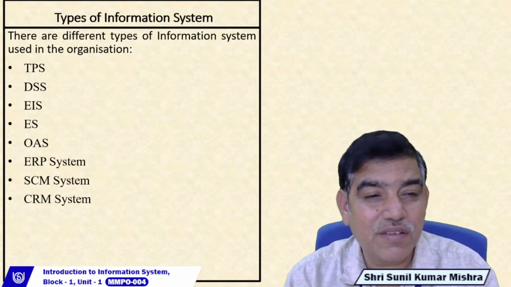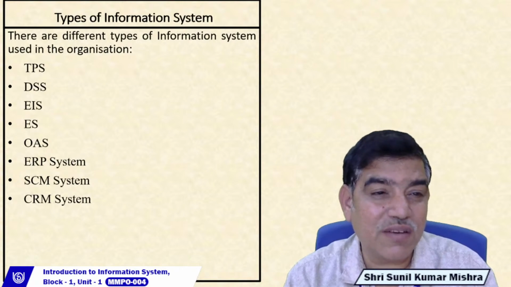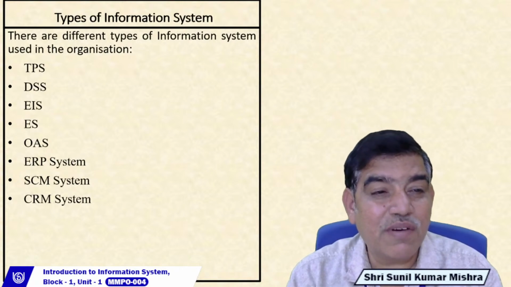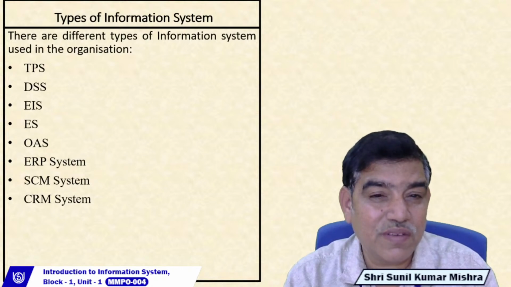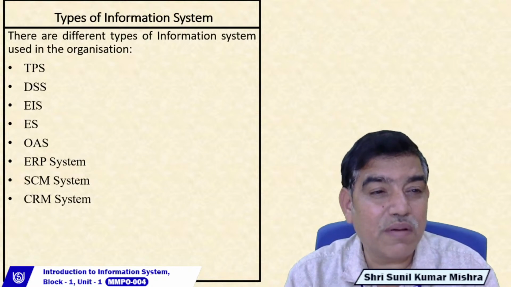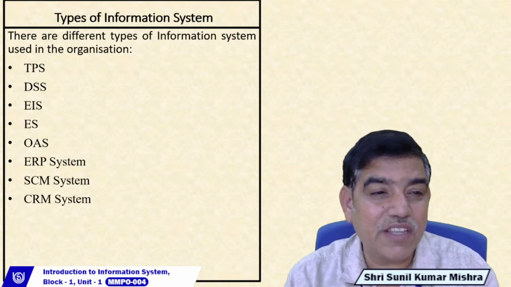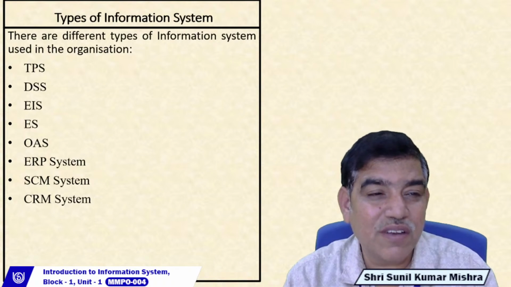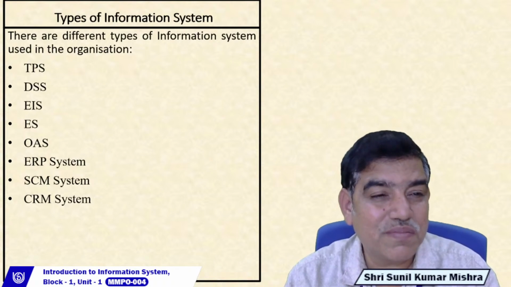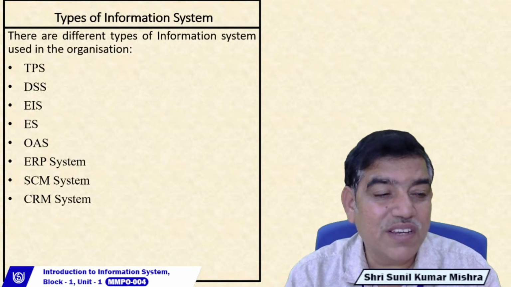There are many statistical models. On the basis of these statistical models, we can take our decisions and solve our problems. And dialog management gives an interface between the user and the machine. So that is known as the DSS.